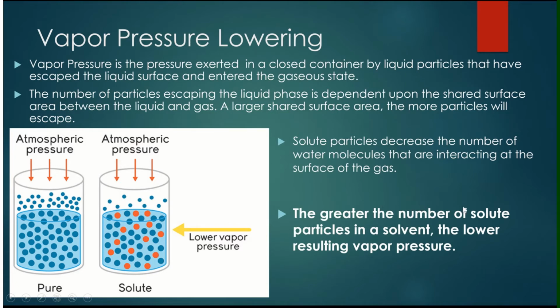So the greater the number of solute particles, the more solute you add, the lower the resulting vapor pressure. If you, for some reason, want to make sure you keep a solution, add some salt to it. Add more salt to it. Add more salt to it. Decrease the likelihood of it evaporating from you.